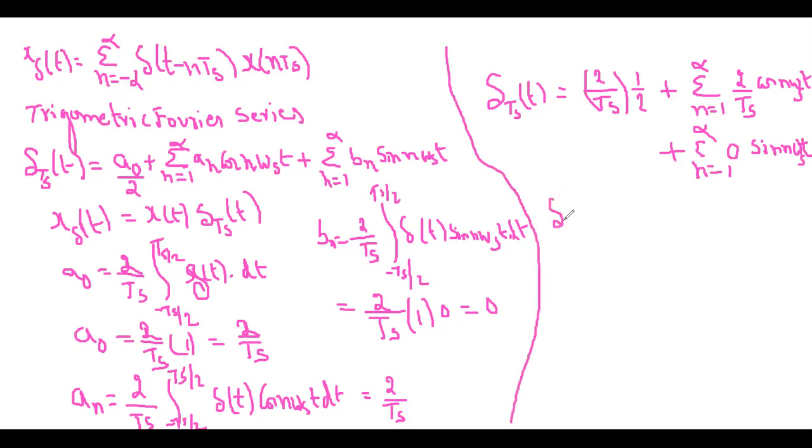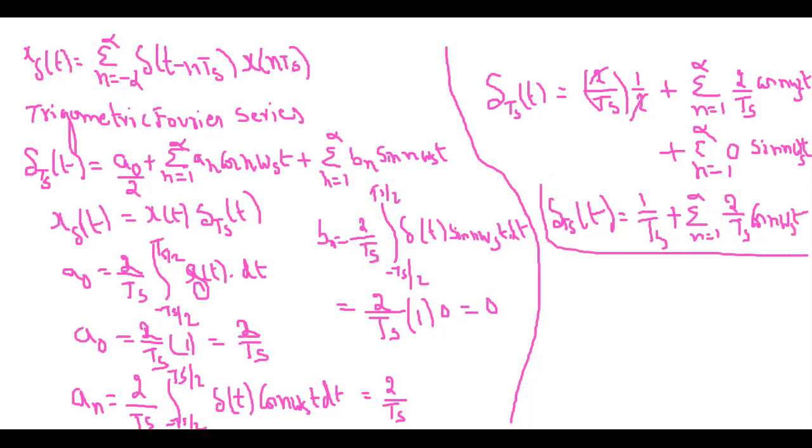Now delta ts of t is equal to, here the 2 gets cancelled, becomes 1 by ts plus sum of n is equal to 1 to infinity 2 by ts cos n omega s into t. We got the delta function now. Okay. So what is the formula here?